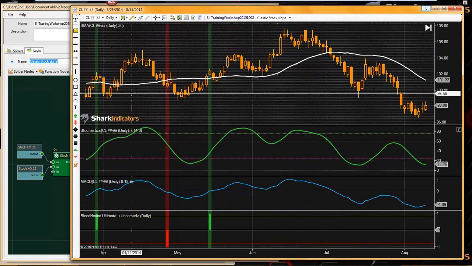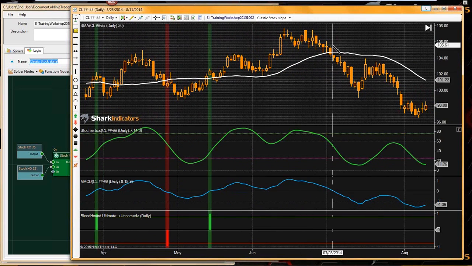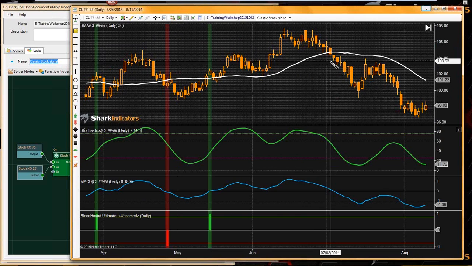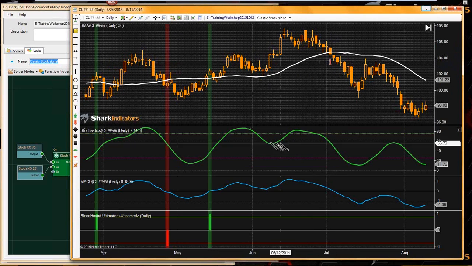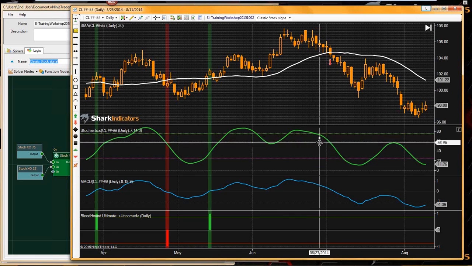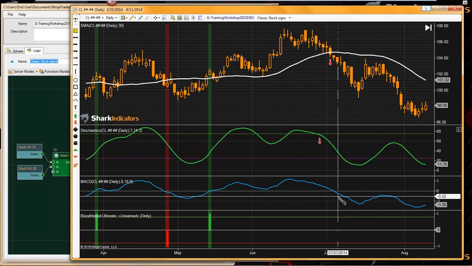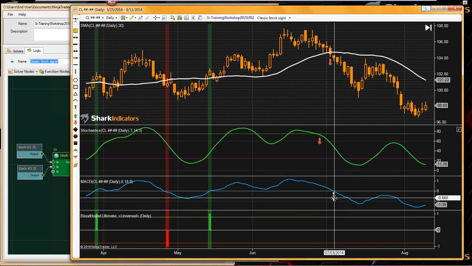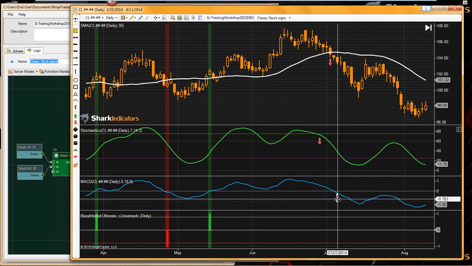Let's take a look, see what happened here. So we got a cross down there, and it looks like our stochastic crossed down about there, and the MACD crossed down there or there.